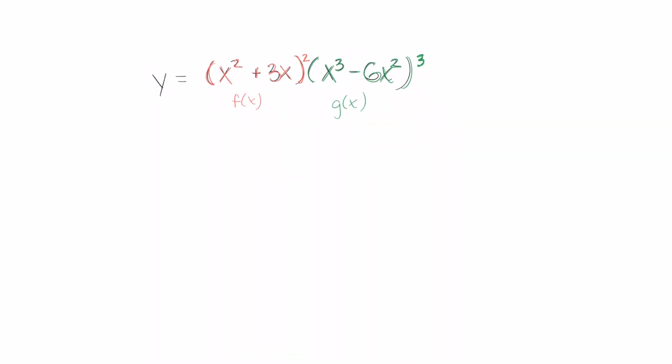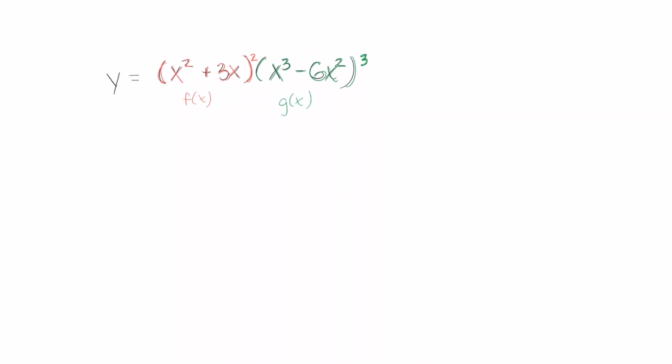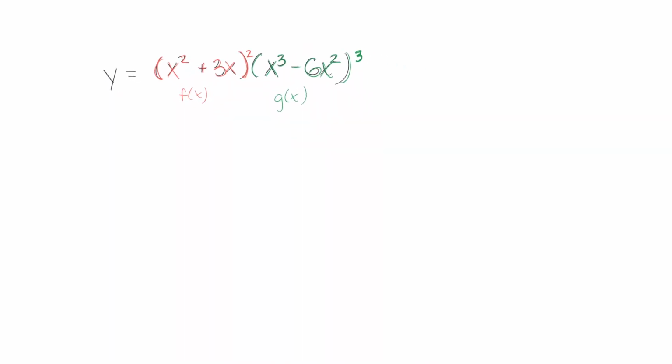So I'm going to try and write this kind of small. So product rule says that the derivative is going to be g times f prime plus g prime times f.